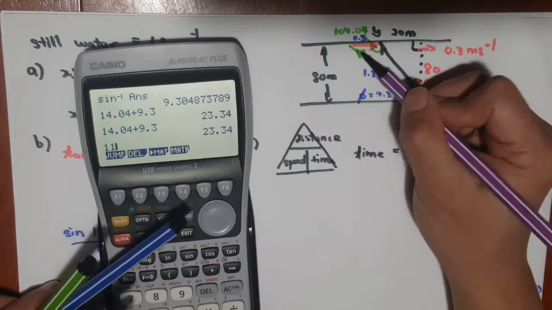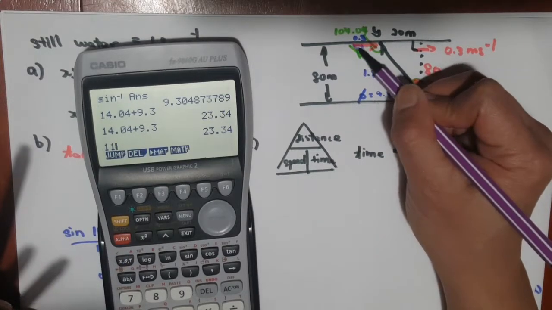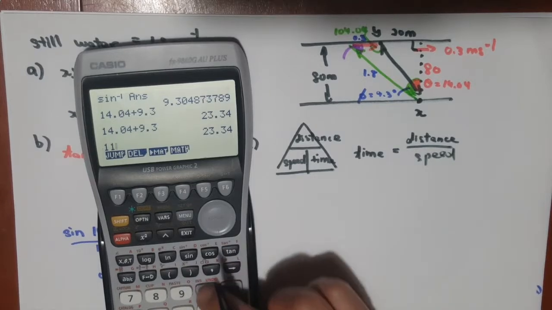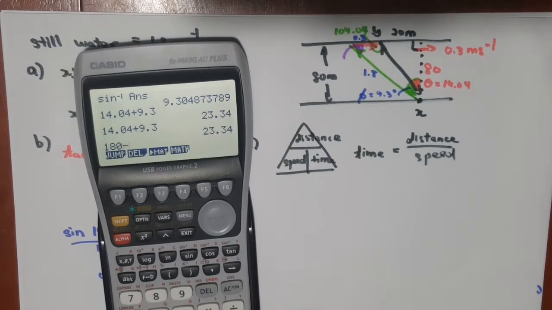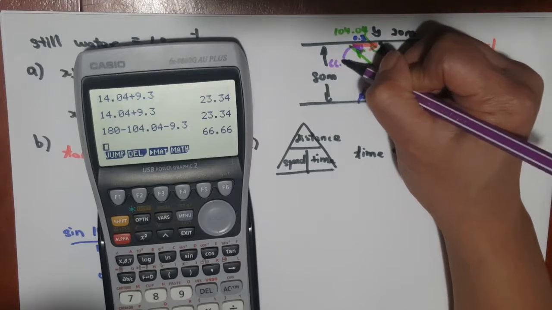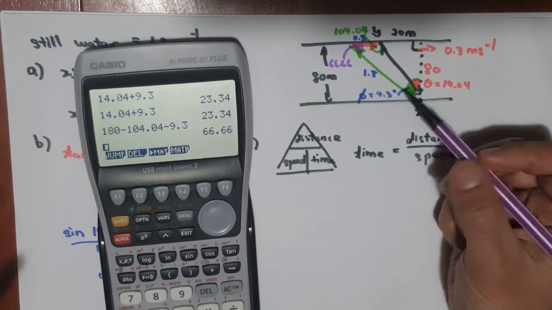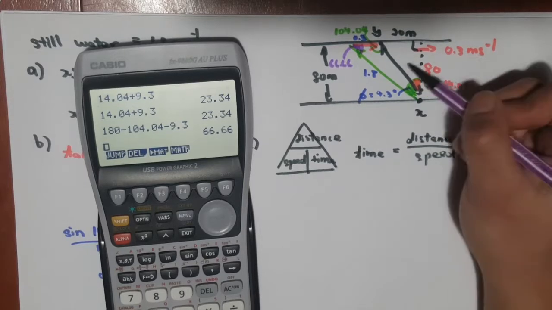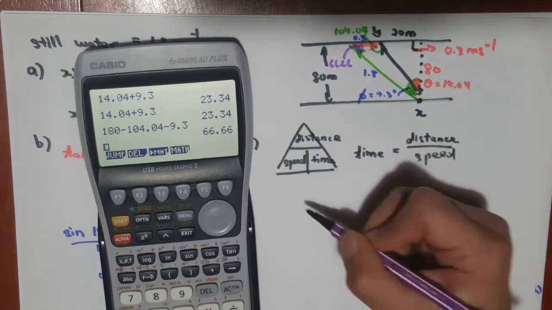So what is this angle? In order to get this angle here, we can use 180 take 104.04 take 9.3, and we will get 66.66 as the angle.